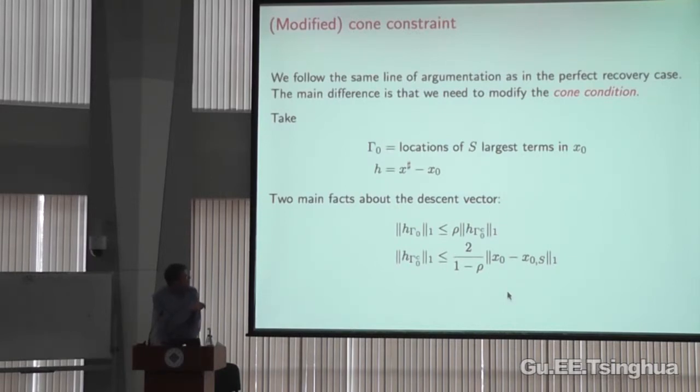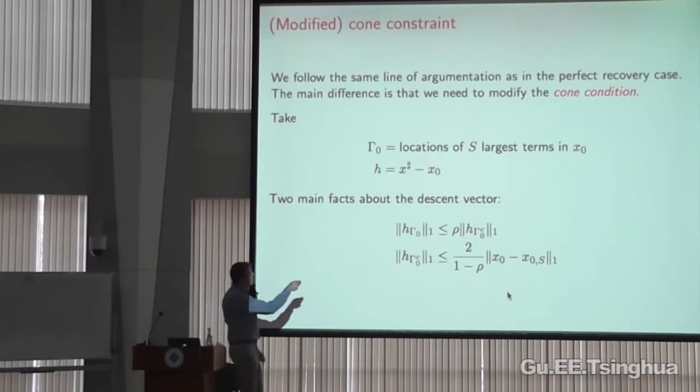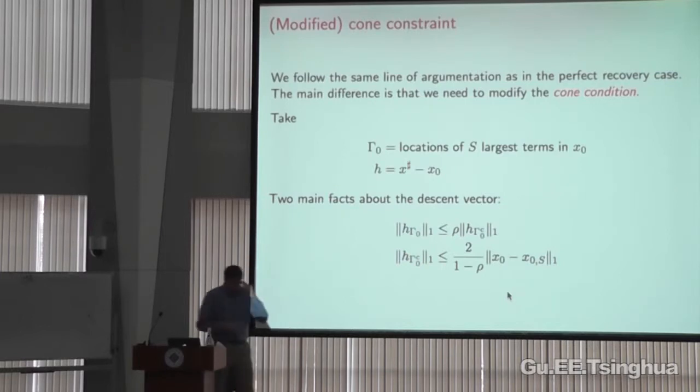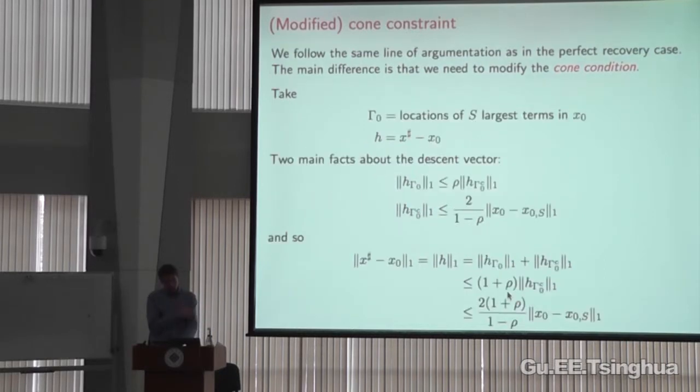So now I can say, okay, what is the L1 norm of this error? Since this is just the difference between the actual solution of the optimization program and the thing that I'm trying to recover, my ideal solution, I can just add these two things together. Since these are disjoint supports, the L1 norm of their sum is the same as the sum of their L1 norms, and that's what you get.